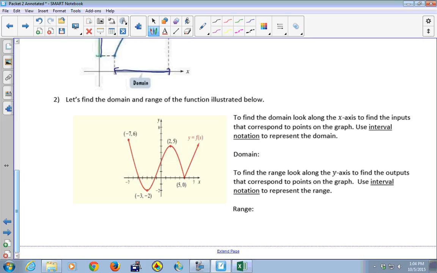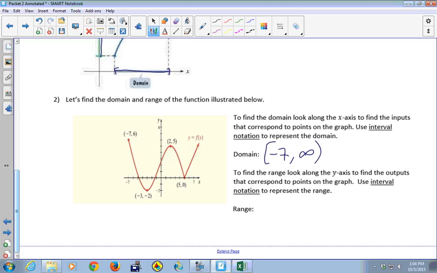It's continuous. So it covers every x value, and then it just keeps going and going according to that arrow. It just keeps moving right forever. So my domain here would be -7 to infinity. Should I include the -7? Yes, because it's a closed circle there. So my domain is -7 to infinity.